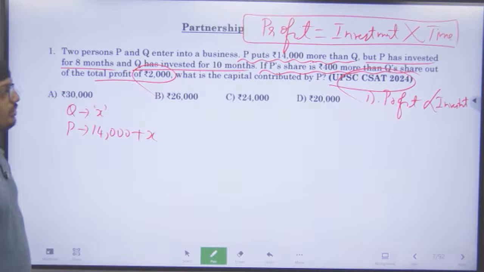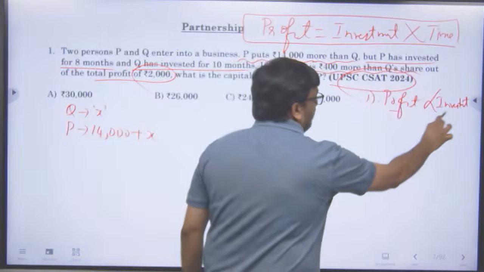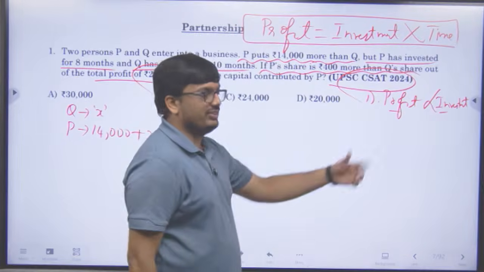Next, what you should do, you know the relation, profit is directly proportional to investment.